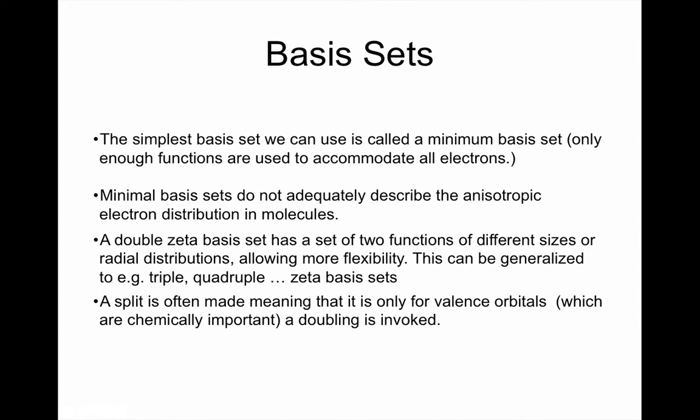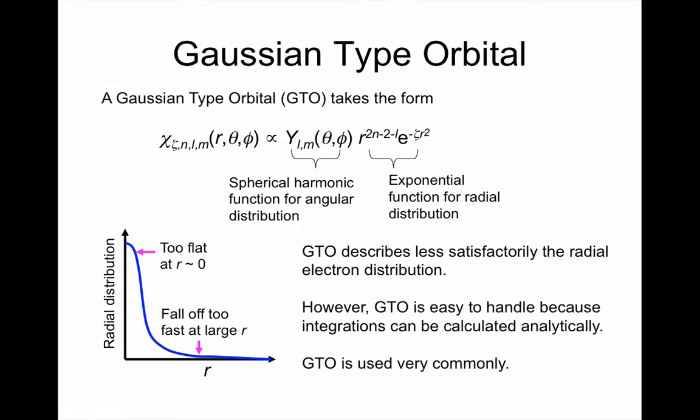If we go back to the form of the Gaussian type orbital, we can see that we can make the Gaussian orbital go towards 0 either faster or slower by simply choosing another value for the exponent zeta. If we choose zeta to be a small number, then the radial distribution will go towards 0 very slowly, and if we choose the zeta value to be a very large number, then the function will drop to 0 very quickly.